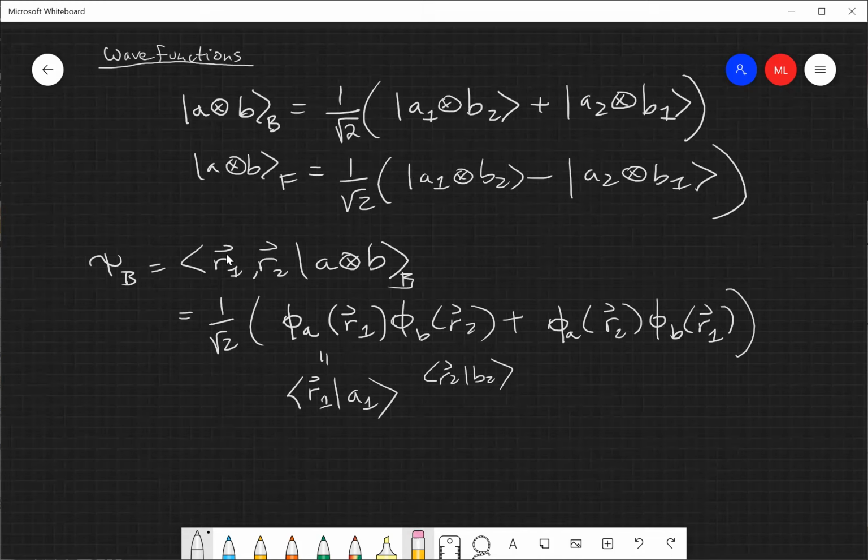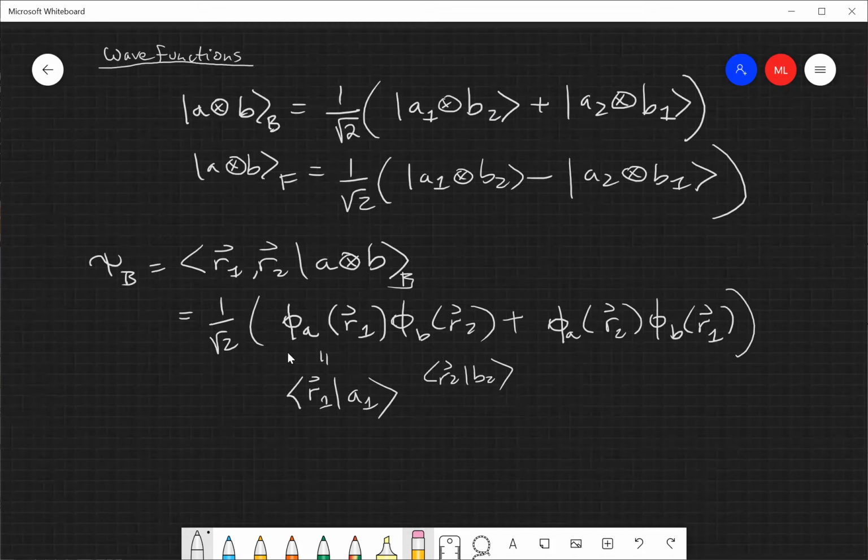So this R1 you would have to dot with the B state, because that's the B1 here. You can actually write these in the opposite order, I guess. It sort of depends on your convention. But for me, the 1 and 2 label the particles, and each one has its own Hilbert space, and you want to dot within that particle's Hilbert space. So this R1 would dot into this B1 over here, and this R1 would dot into this A1 over here, because those are the ones that correspond to particle 1. And then particle 2 is the same thing.